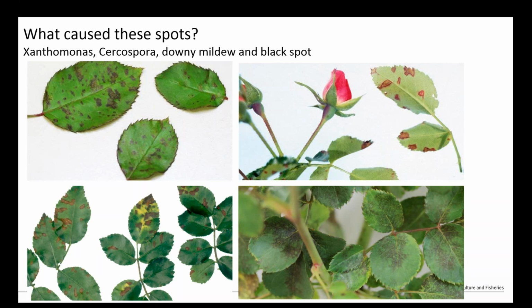There's a Xanthomonas, a bacterial infection, Cercospora, which is sort of a fungal leaf spot. There's downy mildew, which is the oomycete, and there's black spot, which is also a true fungal leaf pathogen. So the question is, which one is which?